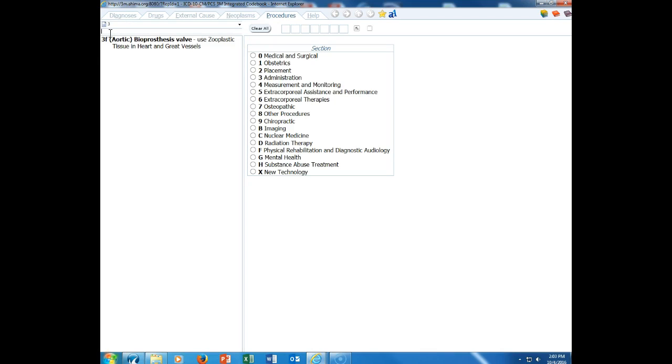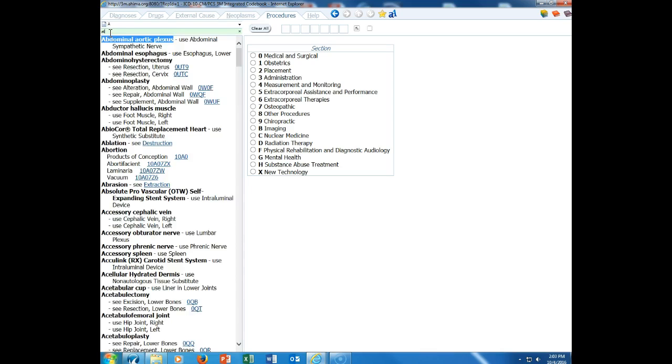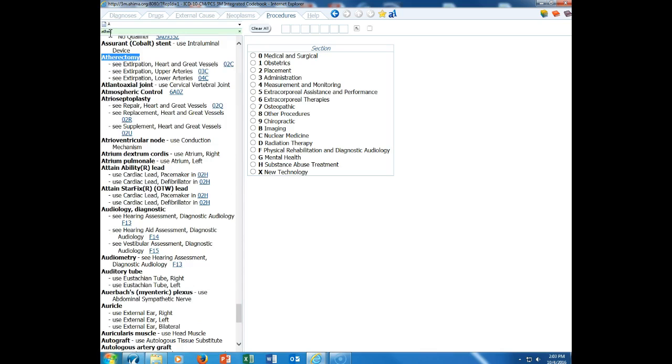And in the index, I'm going to put in atherectomy. And we can see that the root operation for this procedure is extirpation. And again, this was performed on the right coronary artery, so that is going to be extirpation, heart, and great vessels.